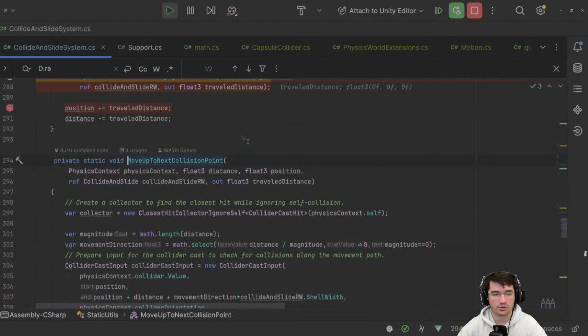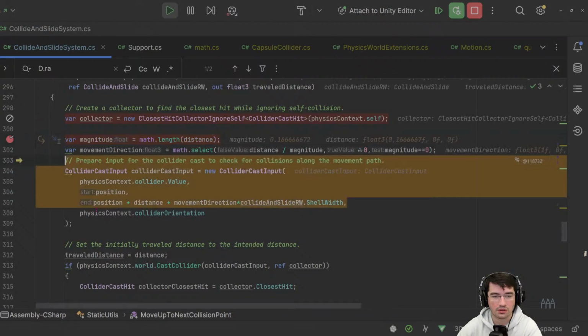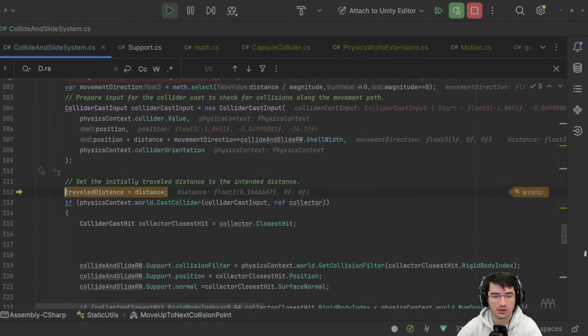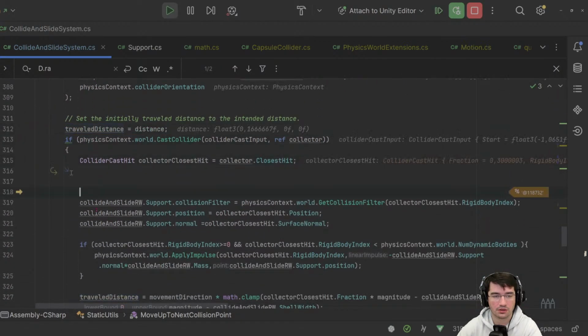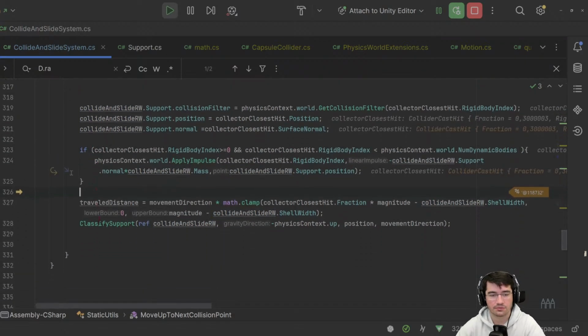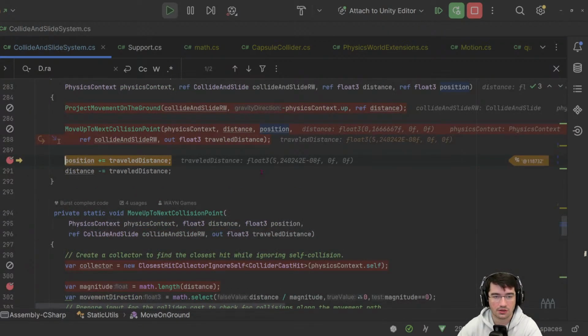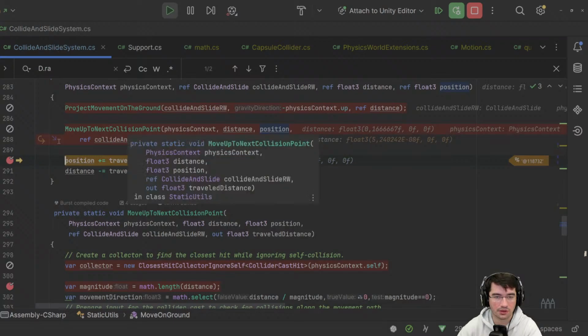Okay, and move to next collision. You are not in. Okay, this one is. Okay, casting. I do get a collision. Can I classify this one? Yes. Or not. I just went over the classification logic.